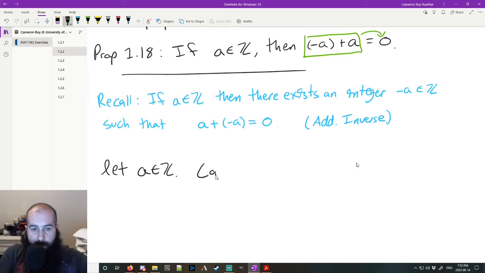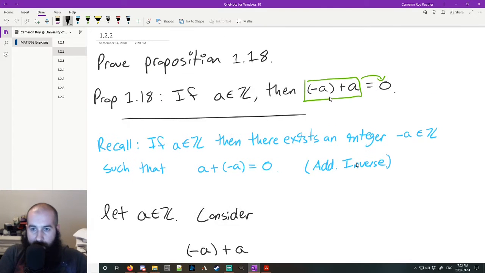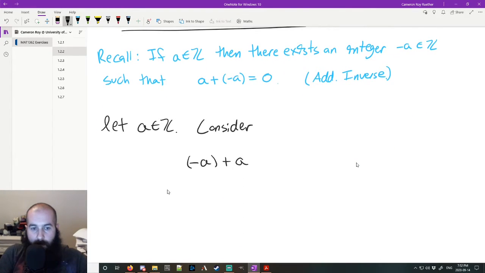So let's consider negative a plus a, just considering this left-hand side. This is equal to a plus negative a using the commutativity of addition, just as we were doing in the previous example. But this now is equal to 0 by the axiom of additive inverse.